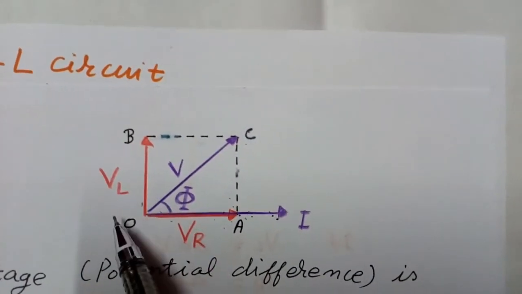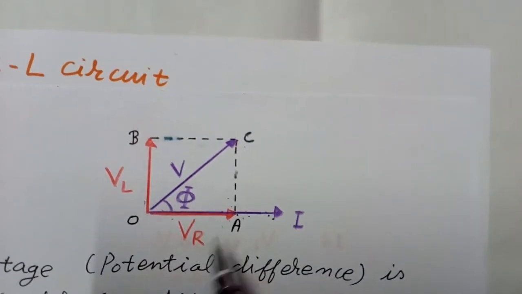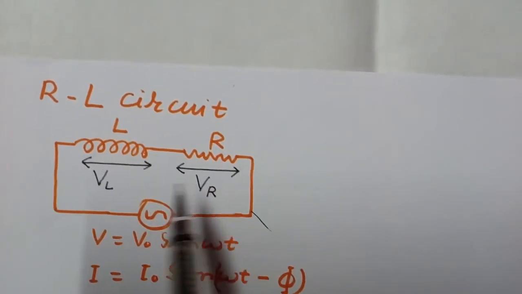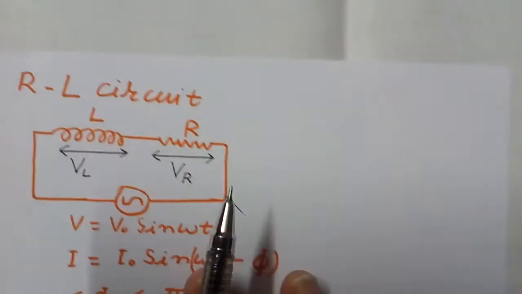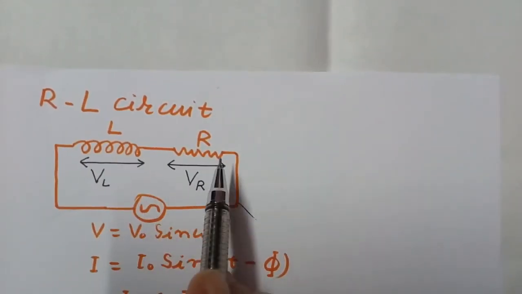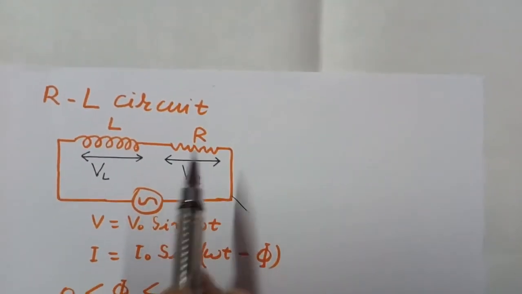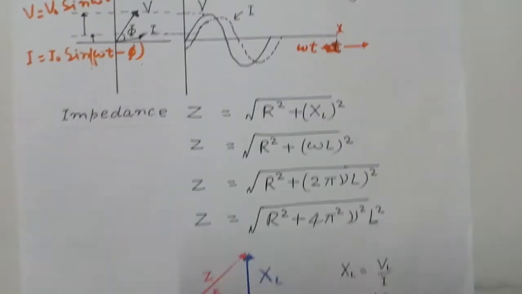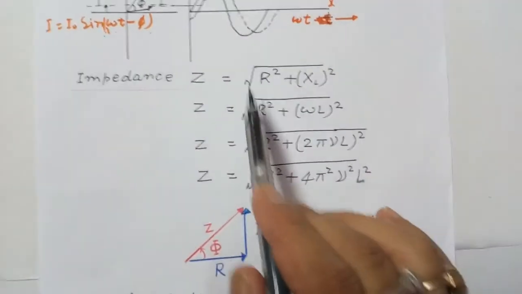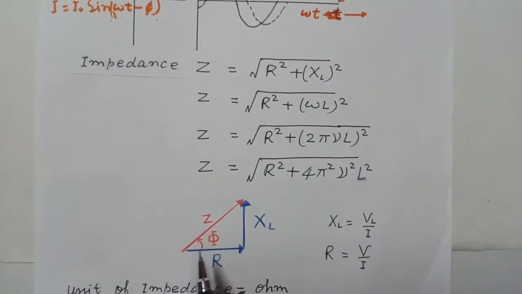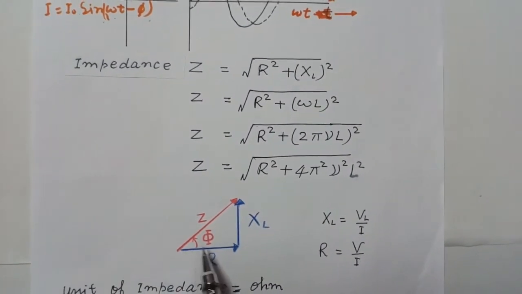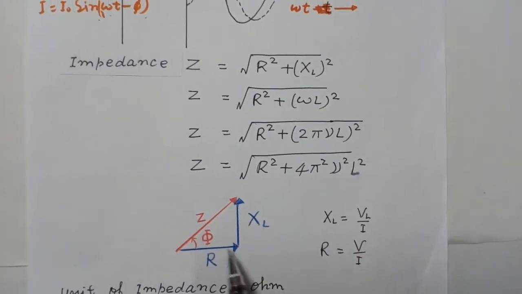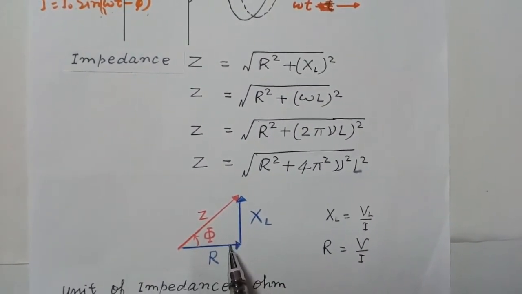Now here VL upon I is equal to XL and VR upon I is equal to resistance R. So for effective resistance of this combination, in inductor there is reactance XL and in resistance we call it resistance R. So effective resistance of this combination, Z, is given by under root R square plus XL square, because this is resistance R, which is VR upon I, and this is XL, which is VL upon I. So these are at angle of 90 degree.